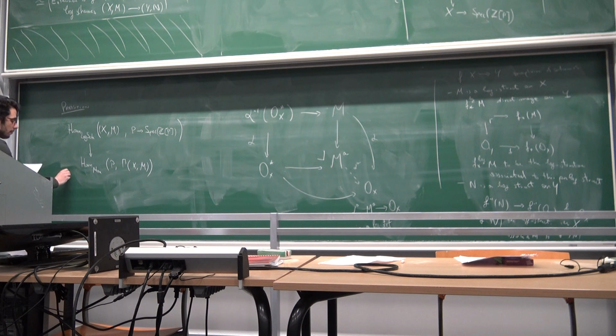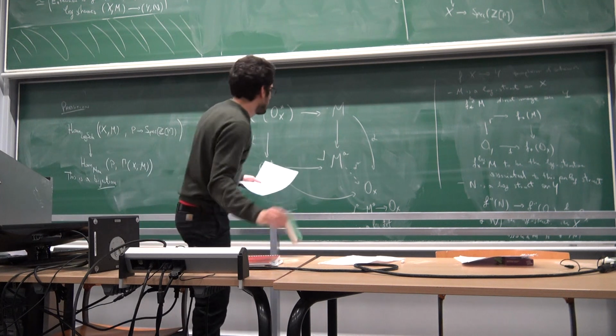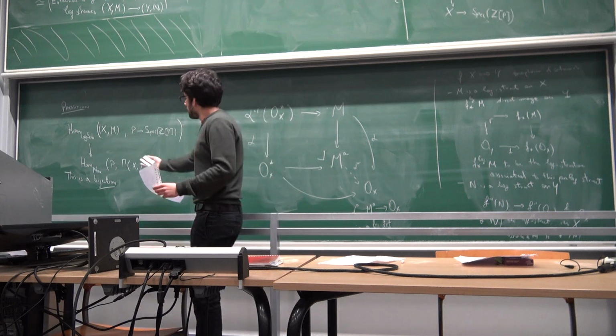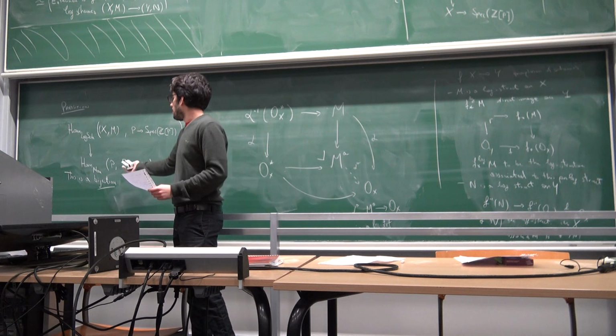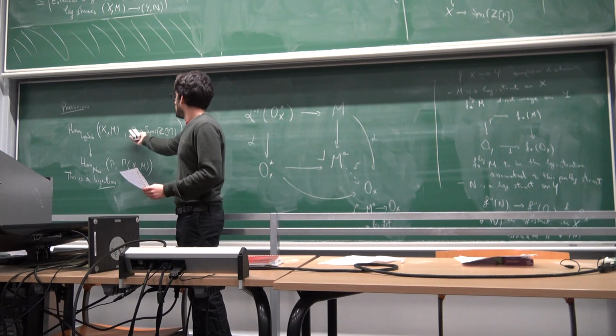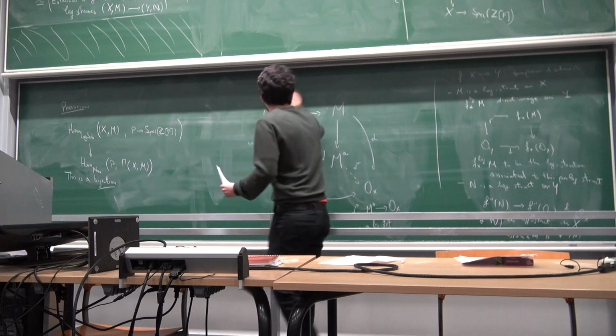And this map is a bijection. The map is just taking global sections induced by the map of sheaves.